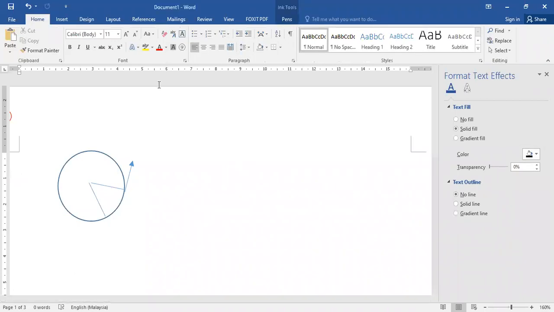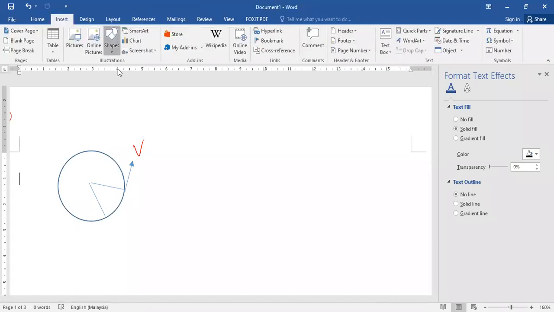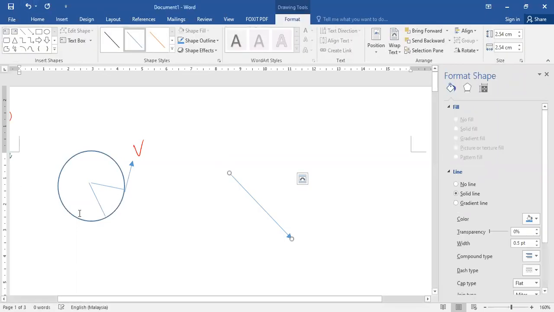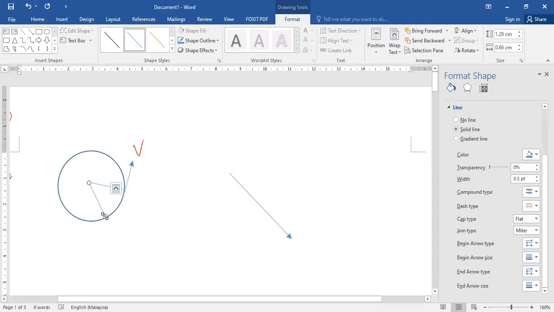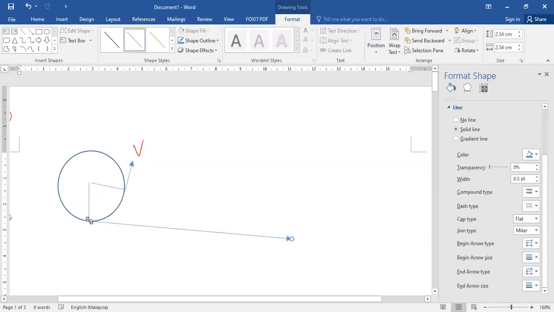So this one will be the V. And for this other point, I choose a point that is easiest for us. Here we notice that the V will be in the horizontal direction, right?